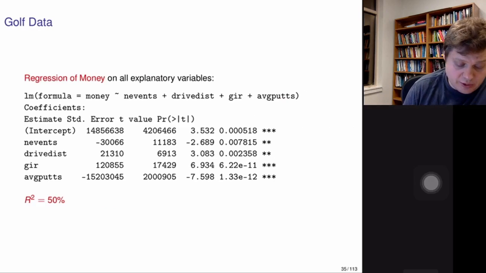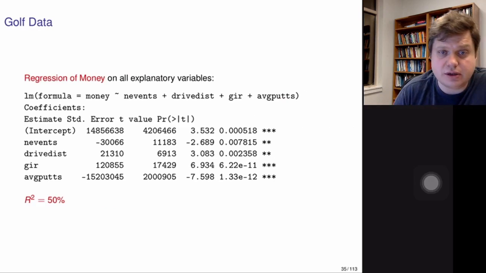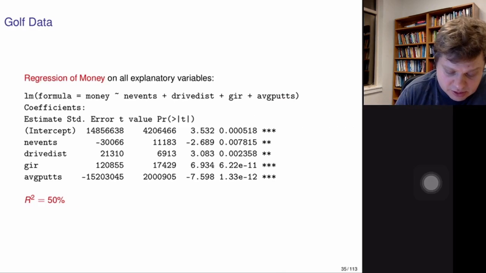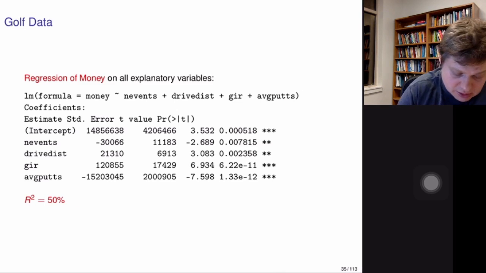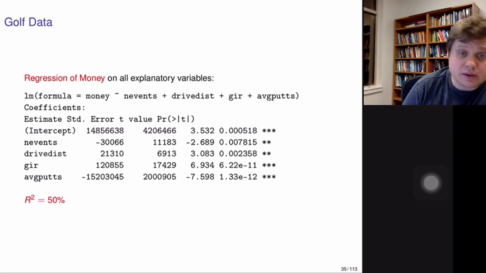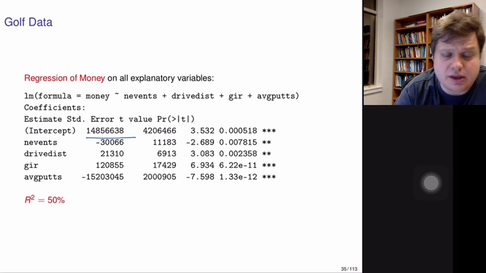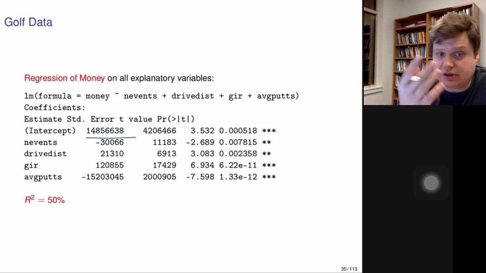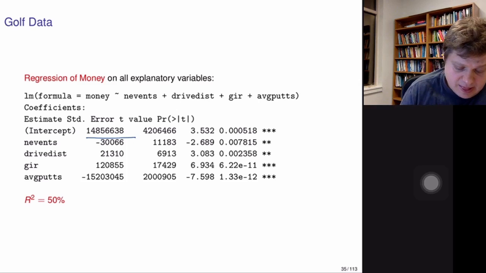So let's just go ahead and fit the model. We're going to use the lm function and put all the variables into the model, and let's first look at the economic significance, or the values, of those estimated coefficients. The intercept is some non-zero number here. Now the intercept here does not have a nice interpretation as we had, for example, in the housing data set.